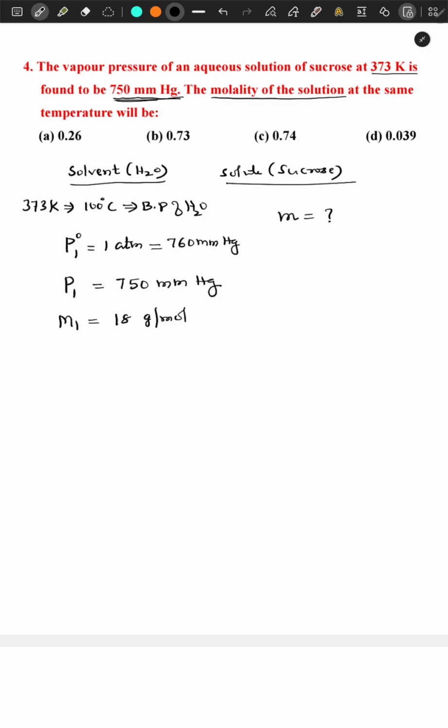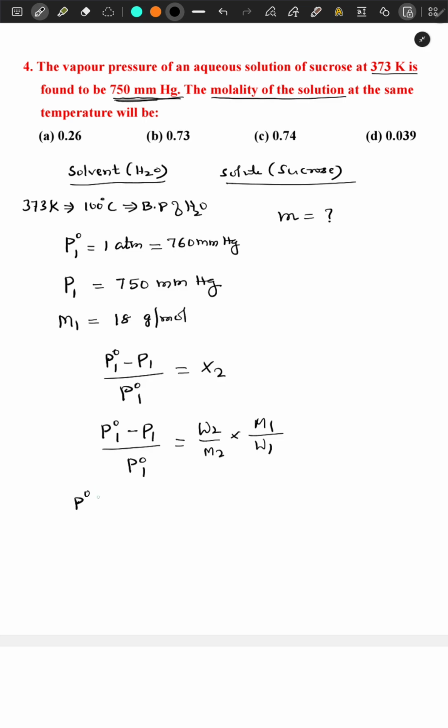So now what is the formula we have to use here? It's very simple. That is RLVP, relative lowering of vapor pressure. That is P01 minus P1 by P01 should be equal to Chi2. So after substituting the value of Chi2, finally you will get the formula like this: P01 minus P1 by P01 is equal to W2 by M2 into M1 by W1. So now you multiply both sides by 1000.